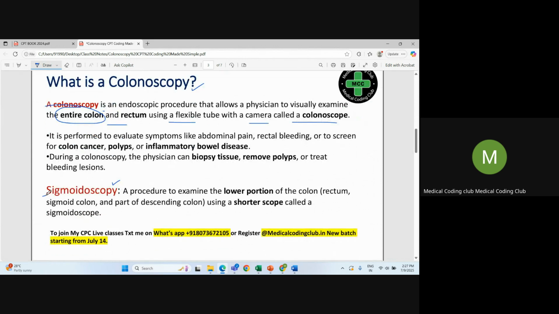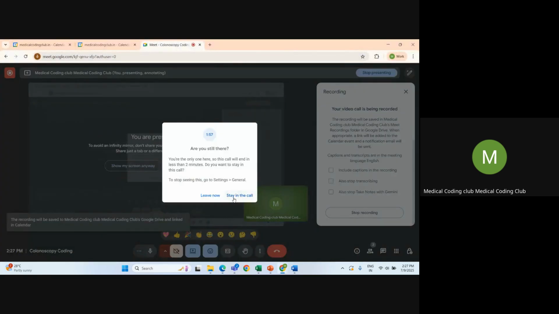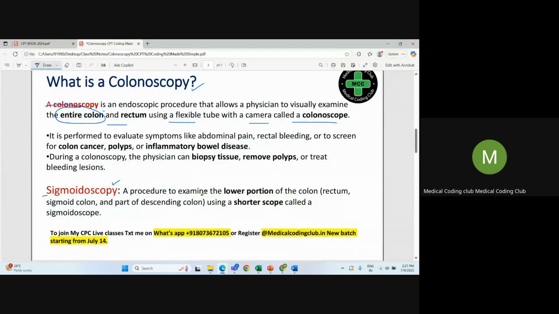When we talk about sigmoidoscopy, this procedure is to examine the lower portion of the colon, which includes the rectum, the sigmoid colon, and part of the descending colon. This is a lower portion of the colon.